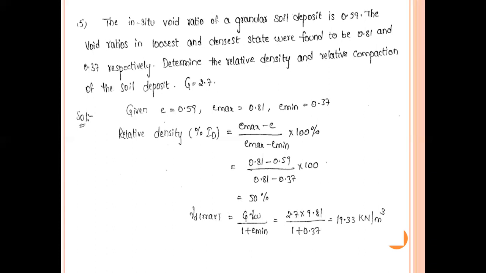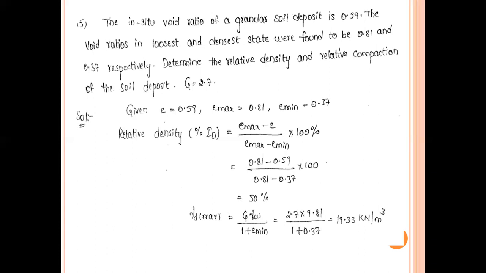Next, the void ratios are given for two states, the loosest state and the densest state. Loosest means E maximum and the densest state is E minimum. So E maximum equals 0.81 and E minimum equals 0.37.